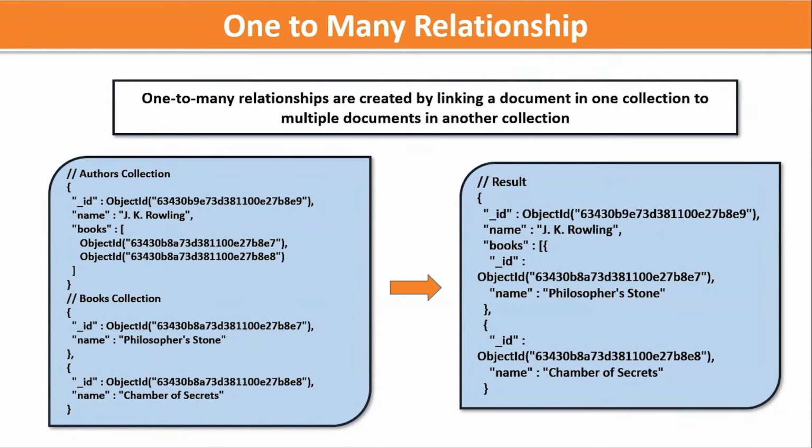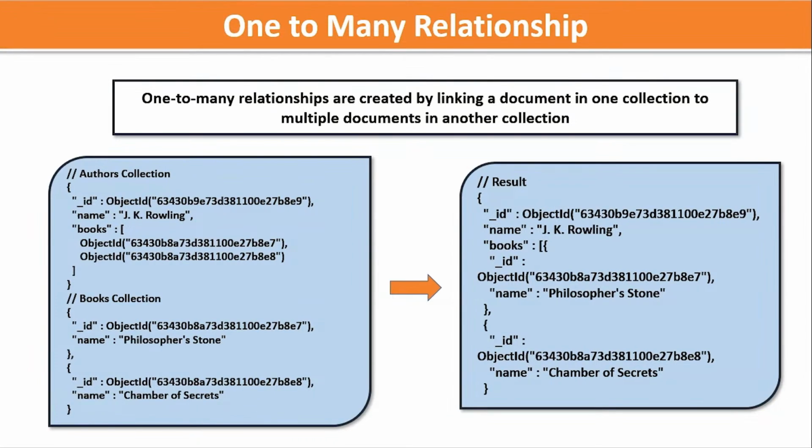A one-to-many relationship is another relational model we use, which is created by linking a document in one collection to multiple documents in another collection. This is widely used where there are more array values within a table.